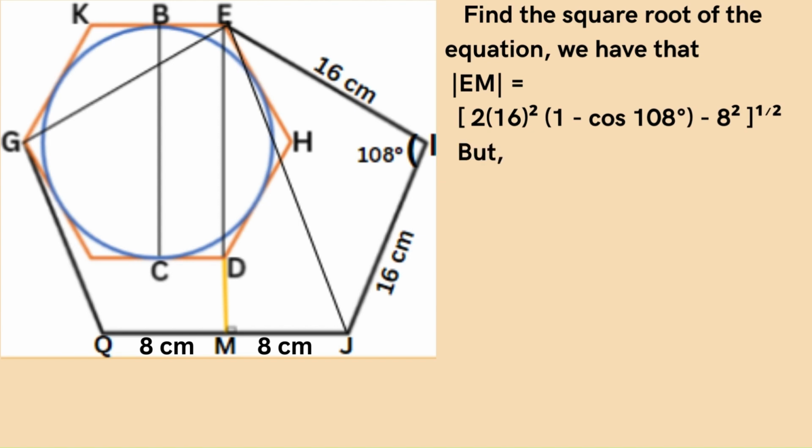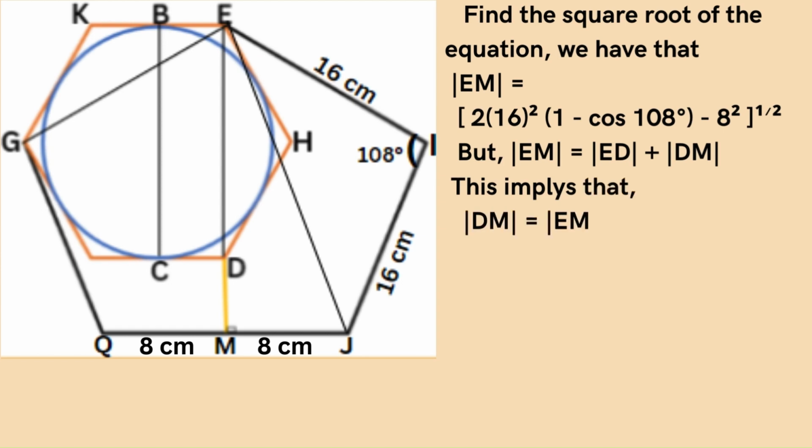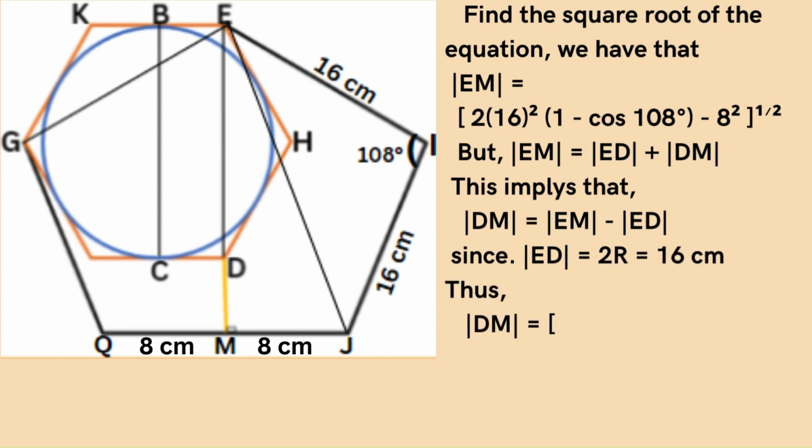Find the square root of the equation. We have a new equation for line EM as shown on the screen. But line EM equals the sum of line ED and DM. Rearrange the equation and solve for line DM, as shown on the screen.